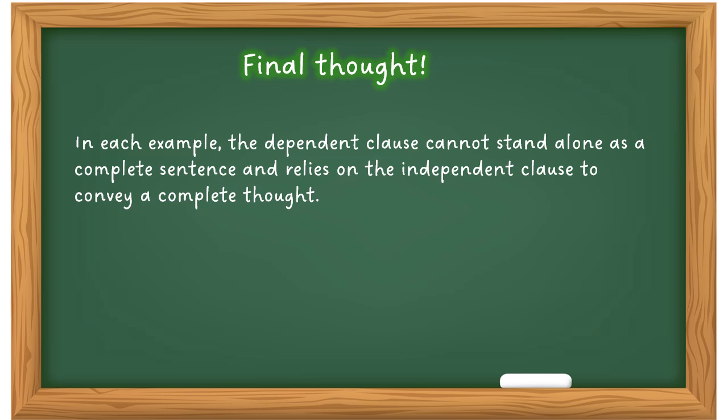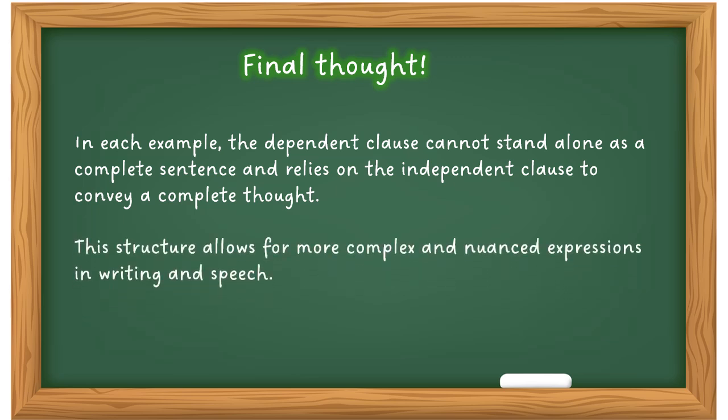In each example, the dependent clause cannot stand alone as a complete sentence and relies on the independent clause to make a complete thought. This structure allows for more complex and nuanced expressions in writing and speech. So remember, you have to have at least one example of a complex sentence within your written work.